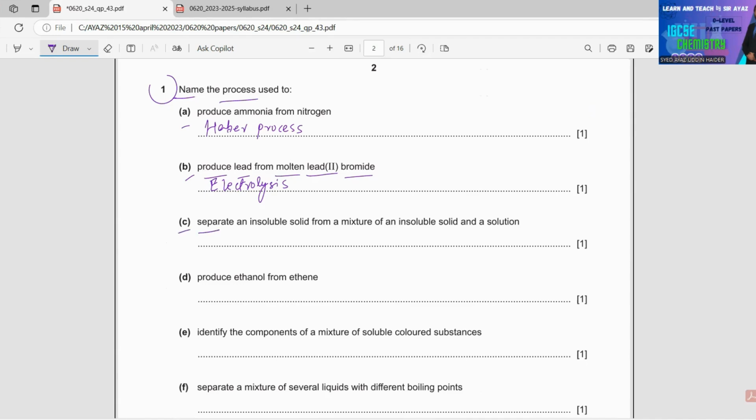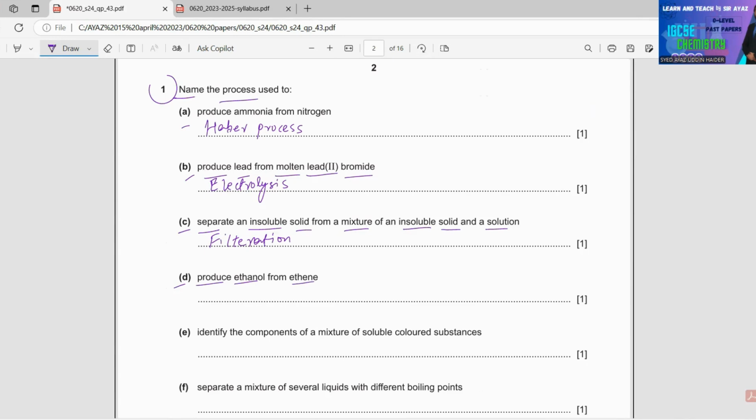C, separate an insoluble solid from a mixture of an insoluble solid and a solution. It's very common. You all know that's filtration. Filtration is a process used to obtain an insoluble solid from a solution. D, produce ethanol from ethene.